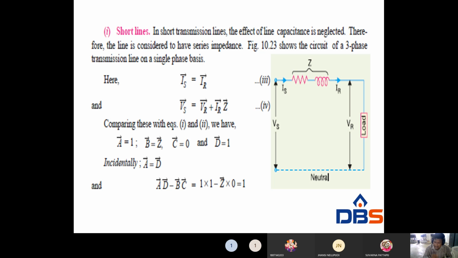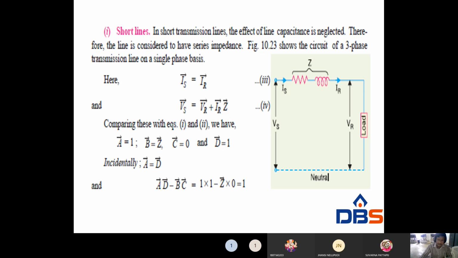That's why we can give a conclusion: short transmission lines are always symmetric and reciprocal networks, right? So generally in our J&T examination, suppose they give 5 marks, and for 2 marks, write the ABCD constants of short transmission lines.